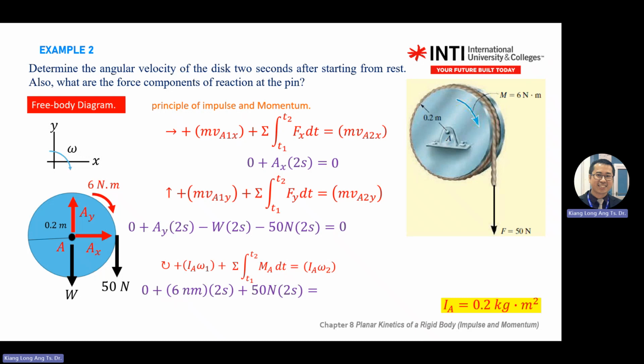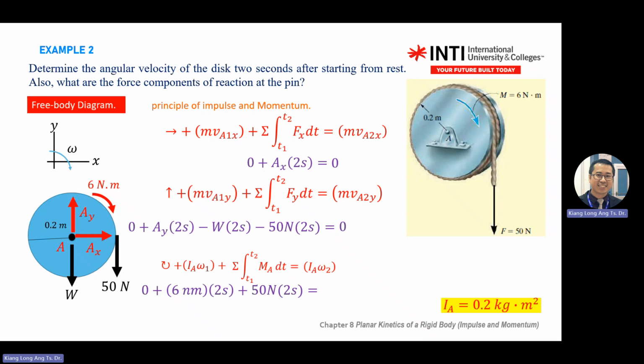A is not moving, but this part is here, not here. This one is force. As long as there's a force, multiplied by time, you get impulse. Although it doesn't move, there's a force multiplied by time. So all the forces in Y, W will create impulse, 50 will create impulse, AY will create impulse.